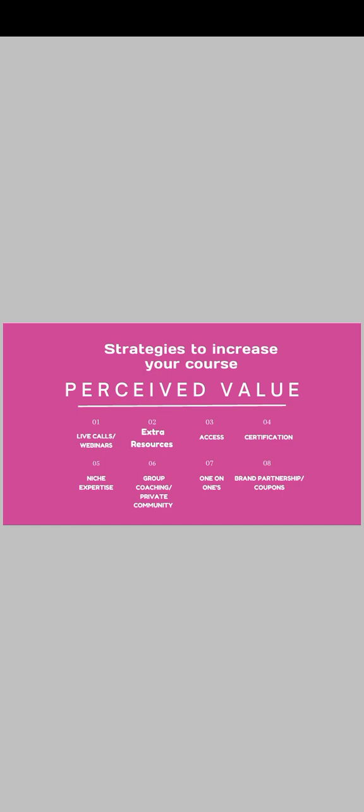You see, that's how to increase your perceived value. People feel like they're getting more for less instead of you giving them less for less. So you could integrate live classes or webinars.